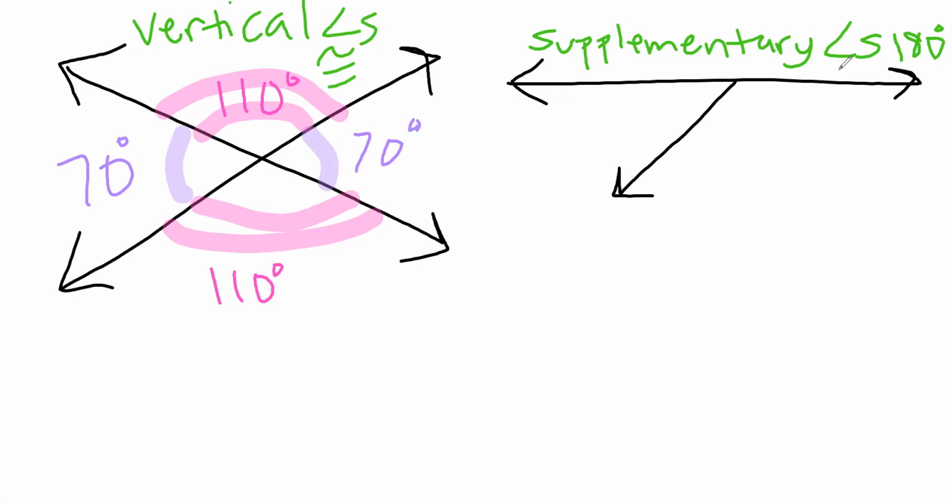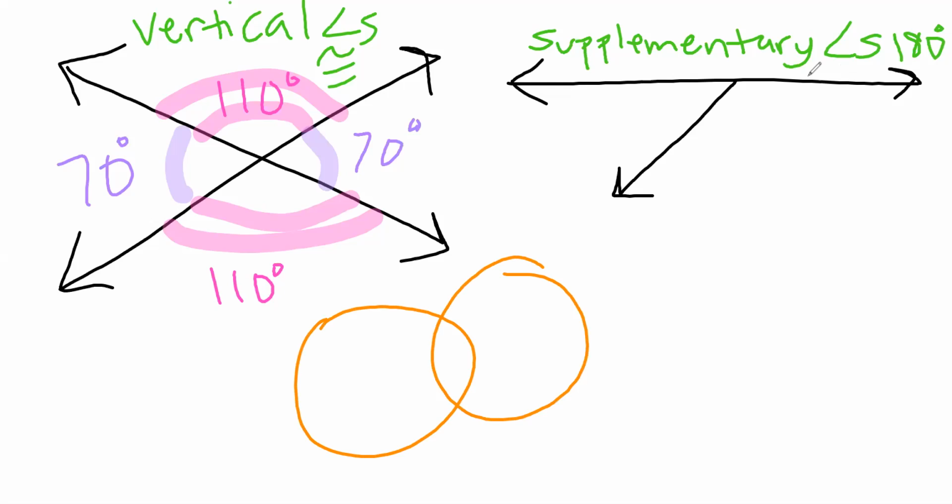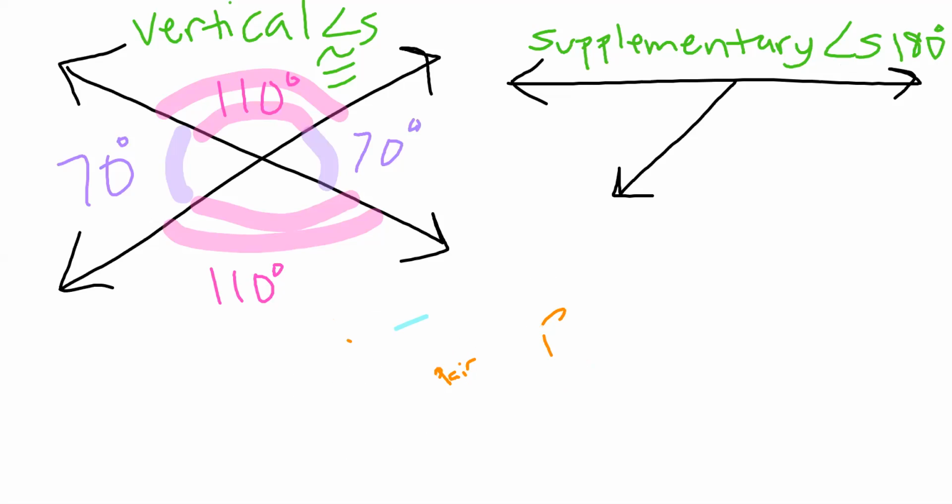I'll make a big one and then I'll erase it. We have adjacent angles next to each other that share a side. Supplementary angles add to 180. The intersection here is linear pair. Linear pairs are adjacent and supplementary, but let's go ahead and erase that. All right, so again, supplementary, they add to 180.